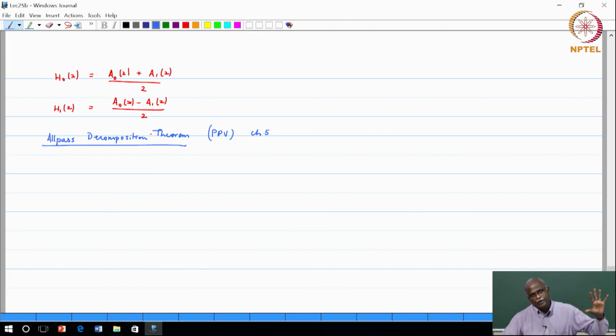We have studied all pass functions. We will now look at the solution that gives us a good set of filters H naught and H1, which can be used in an IIR 2-channel filter bank. Hopefully this gives us some clues to go beyond, because this one will not eliminate phase distortion; it will have phase distortion.